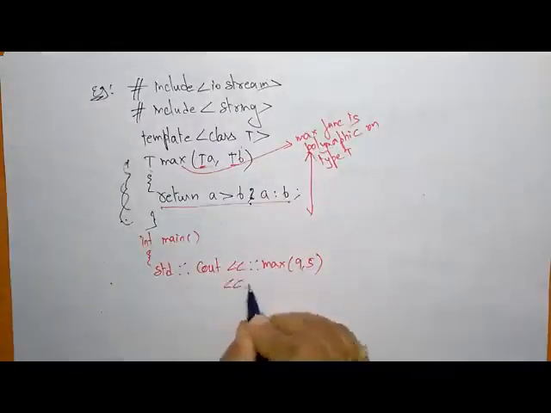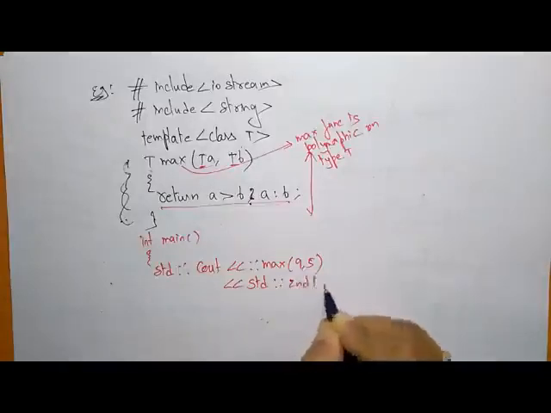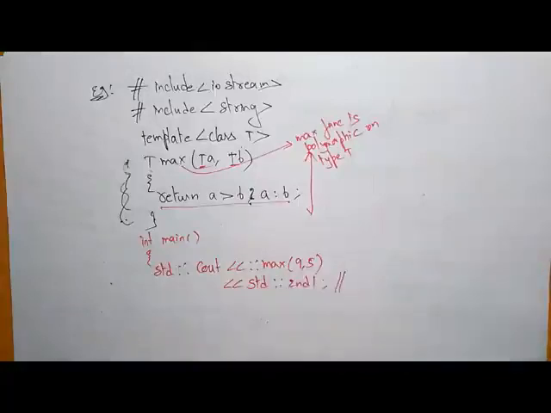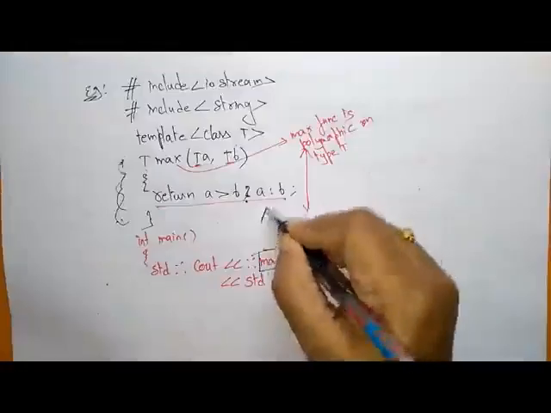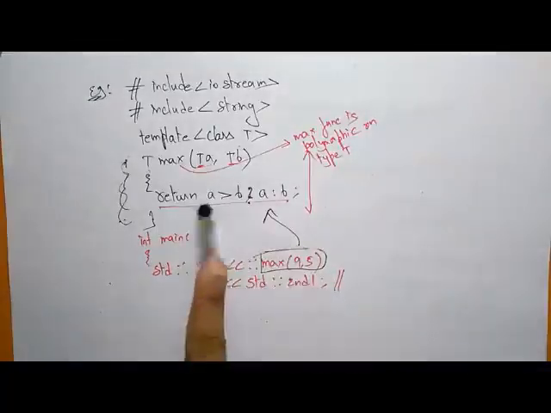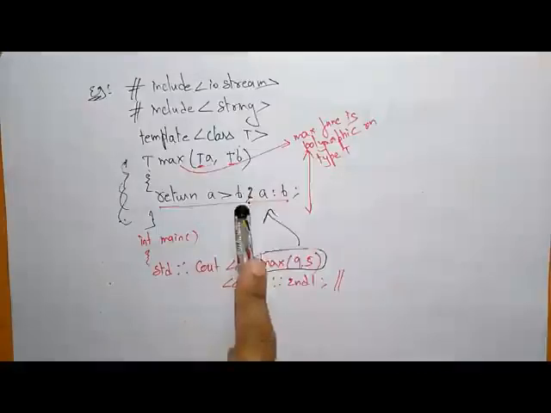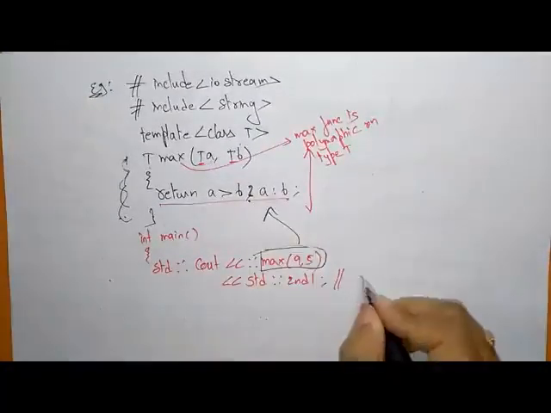So now print std endl. So here it goes to this function and checks 9 is greater than 5. If 9 is greater than 5, then print 9, or else 5. So here it prints 9.